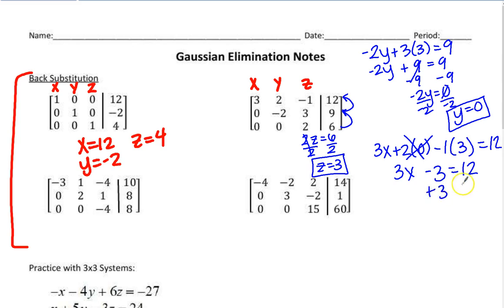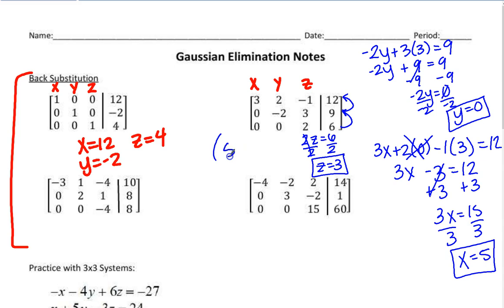We add 3, which is 15. We divide by 3, so x is 5. Yay, I have x. So I'm going to write my answer as a point. So x is 5, y is 0, and z is 3. Perfection. Okay, so those are the notes for those ones.